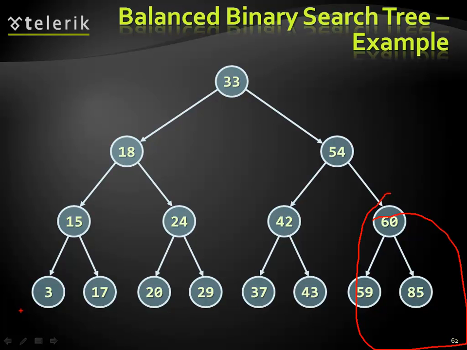A roughly balanced tree is a tree which doesn't have an optimal height, meaning that some elements are missing from here and are somewhere else. So this is ideally balanced, and not ideally balanced is, for example, this 59 not being here but being here. That's not well balanced, I think.